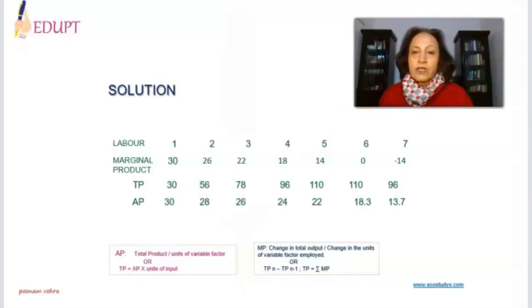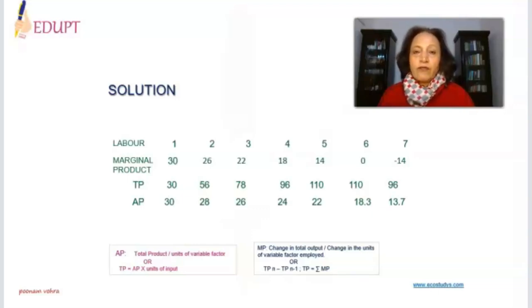But for the second unit, it will be 30 plus 26, which will be 56. Similarly, when third unit of labor is employed, marginal product has further reduced to 22. So, total product for the third unit of labor would be addition of 22 to 56. That will be 78. Similarly, you can find out for rest of the units of variable factor.